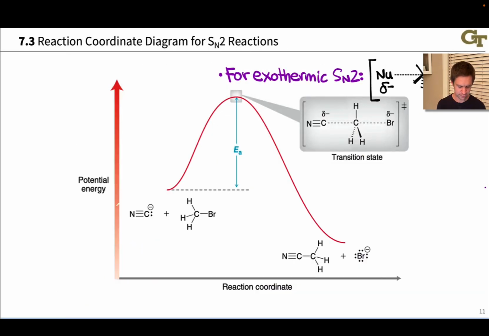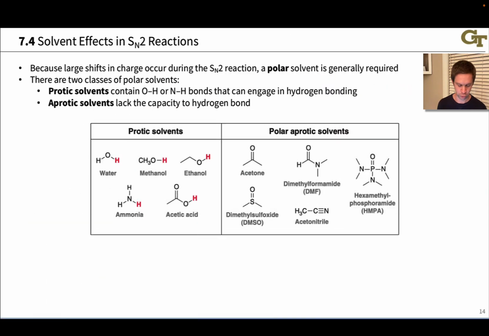And with charge changing places, for example, in this reaction from the cyanide anion to the bromide anion, a polar solvent is going to facilitate the reaction by facilitating this transfer of charge, stabilizing the transition state in which charge is spread out over the whole transition state structure, and so on and so forth. Stabilizing intermolecular forces, dipole forces, that kind of thing, are going to cause the reaction to go faster. So typically, SN2 reactions are run in polar solvents.